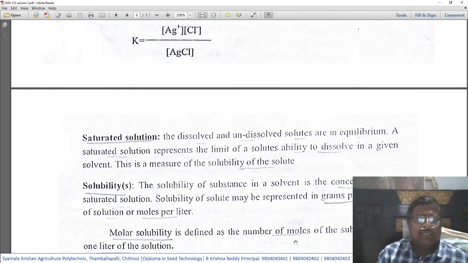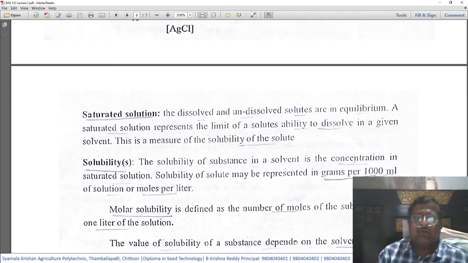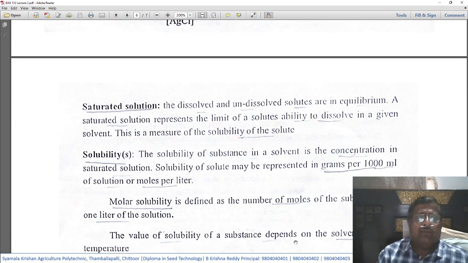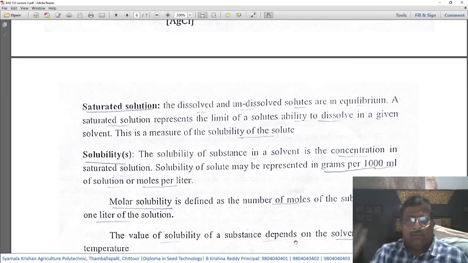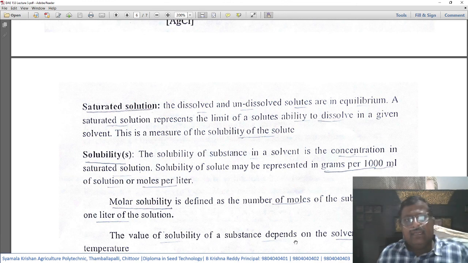Next, saturated solution. The dissolved and undissolved solutes are in equilibrium. So, in the above formula itself, we understand that those that got ionized and formed Ag+ and Cl-, and the undissolved AgCl solute, are in equilibrium.